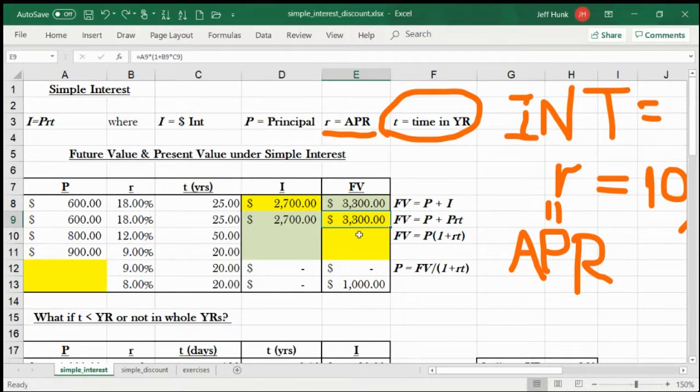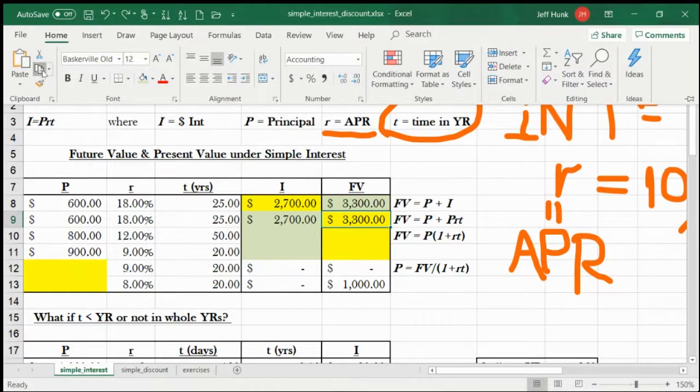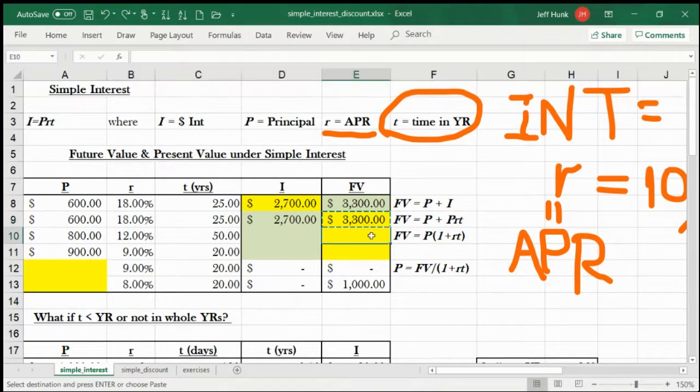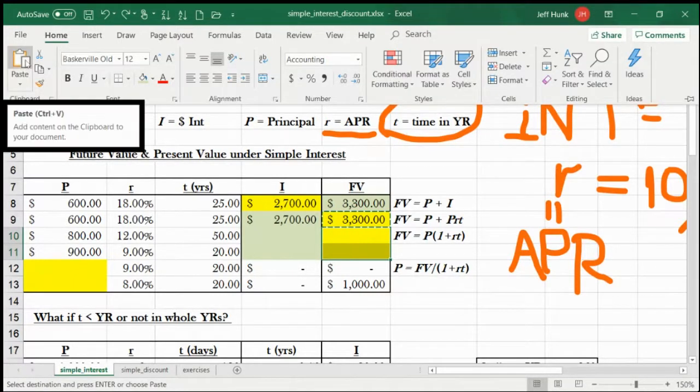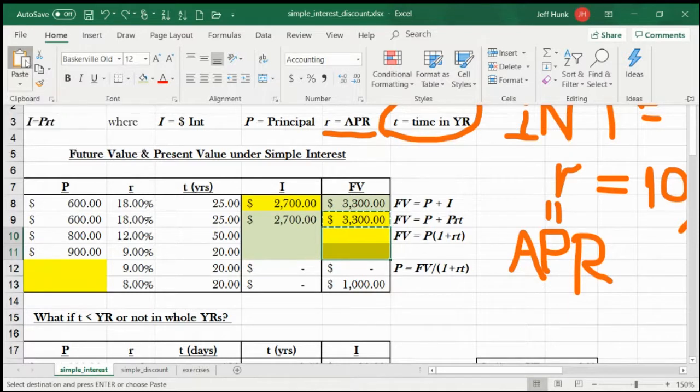Now, there are two ways you can copy and paste. First of all, just like any Microsoft document or Microsoft product, software, you can go to Home, use the copy icon, and once you copy it, you can highlight the range to copy, and then select where to place it and hit paste, and then it gets pasted.